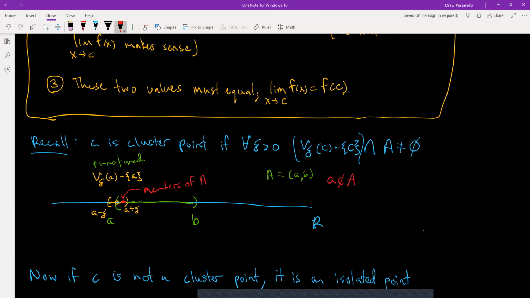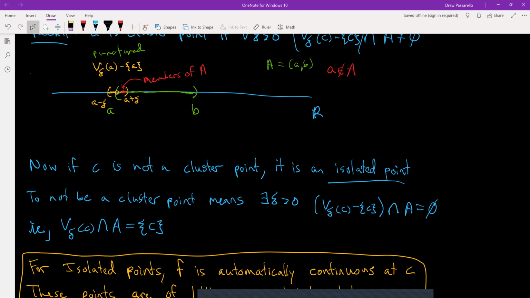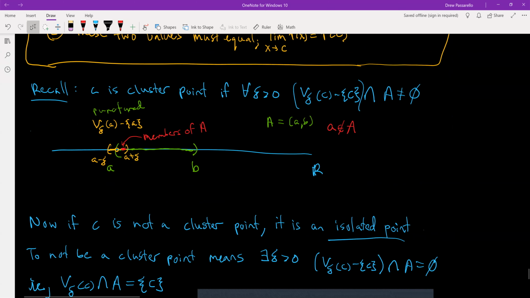Now, we didn't talk about what happens if this value C is not a cluster point. If it's not a cluster point, it's called an isolated point. And to be not a cluster point, we just take the negation.